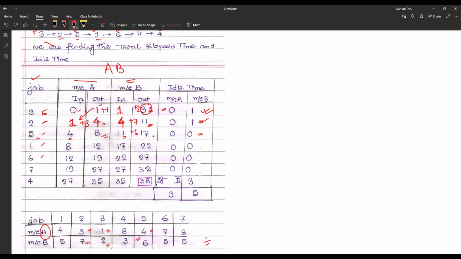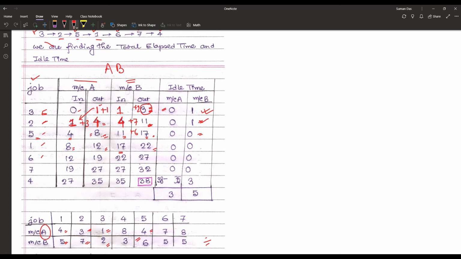Now job 1. Machine A ended on 8. For job 1, the processing time is 4, so it is reaching up to 12. Once again, no waiting time for machine B. It is starting from 17 as it ended on 17, and the processing time is 5, so it has ended on 22.